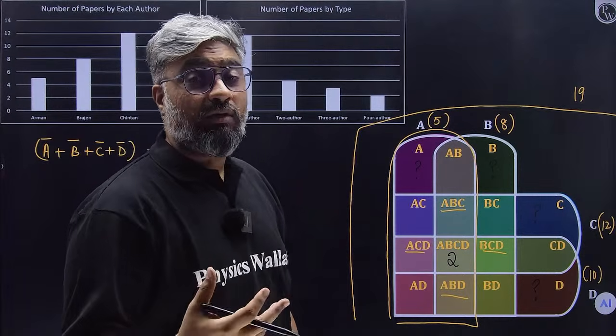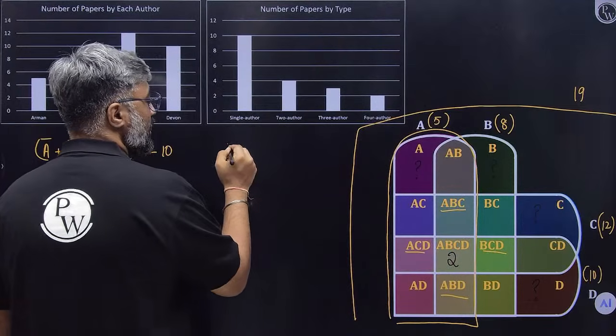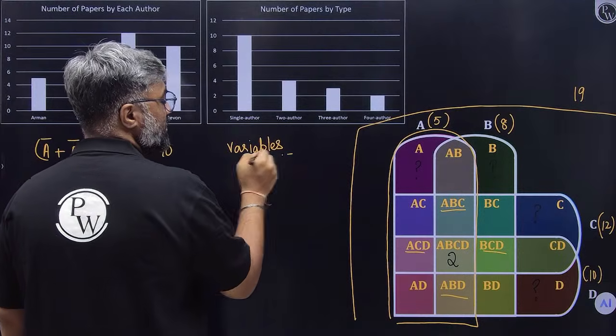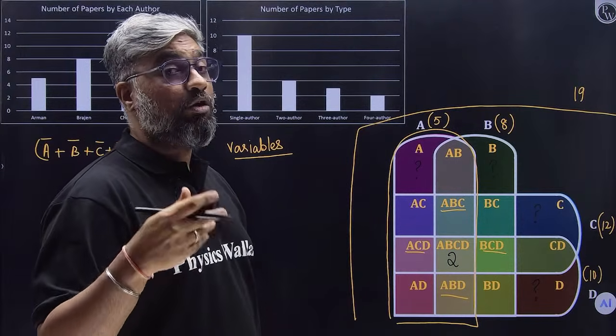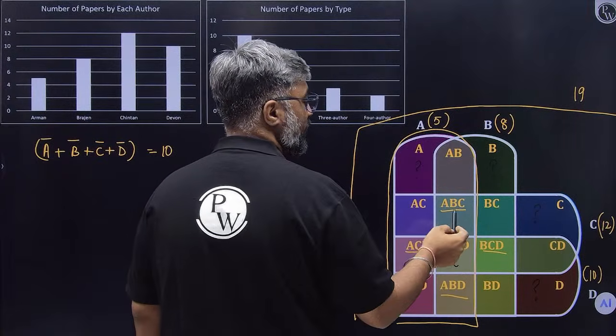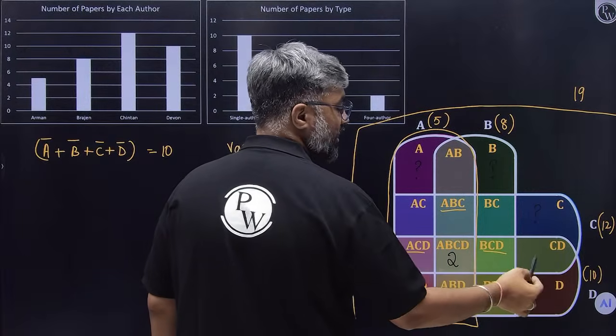So do you think it would be a better idea for us to place variables here? Should I use this Venn diagram, put up variables and solve it with the help of variables? Is that a better idea? Because how many variables are we looking at? 1, 2, 3, 4, 5, 6, 7, 8, 9, 10, 11, 12, 13, 14, 15.